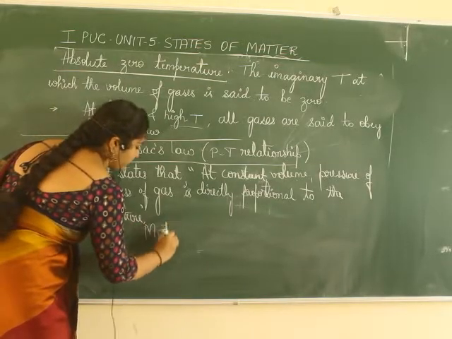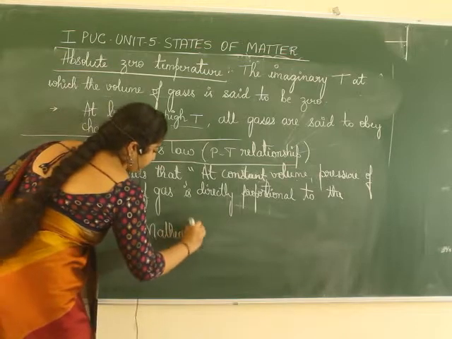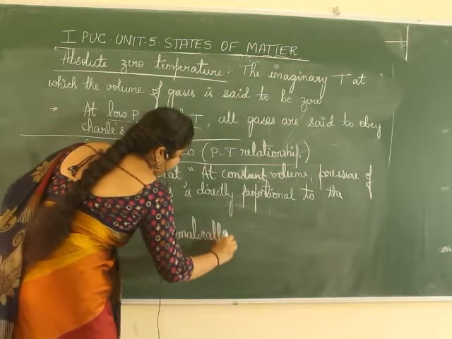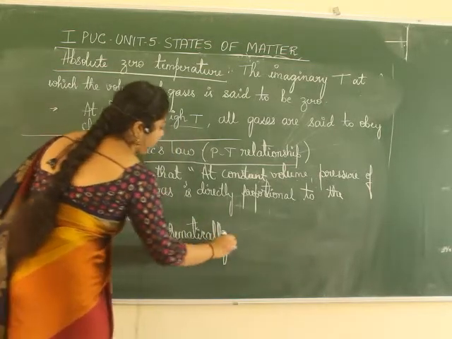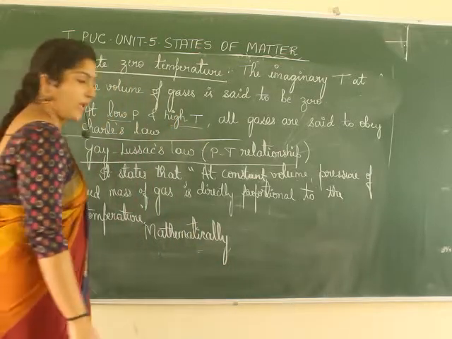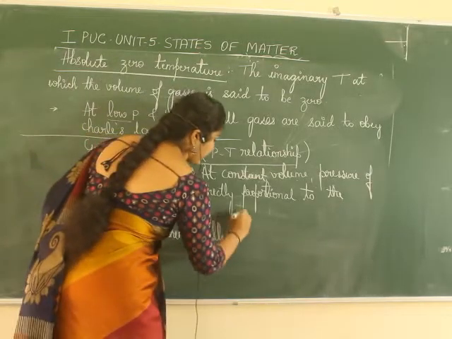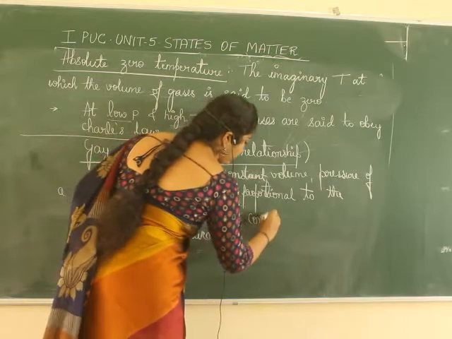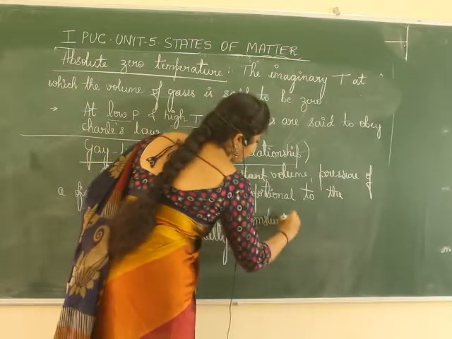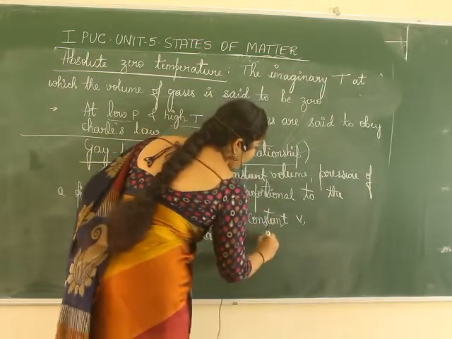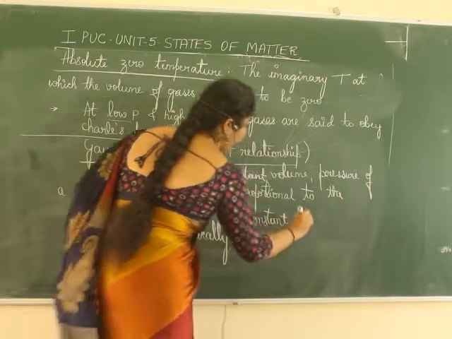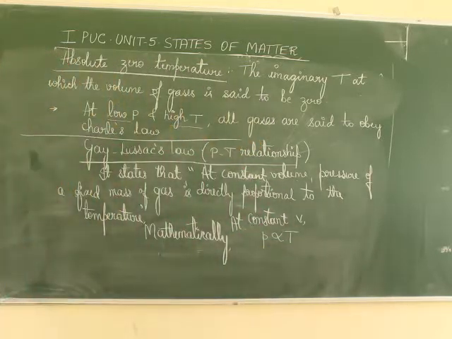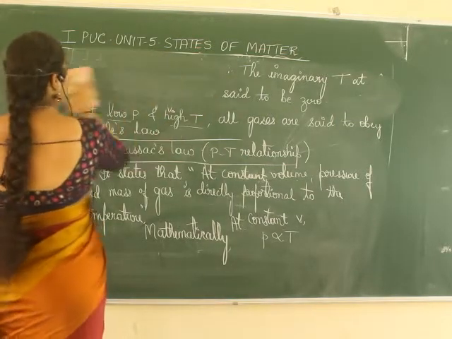Mathematically, how do you write it? At constant V, P is directly proportional to T. This is the mathematical expression. We will just write the derived form of it.